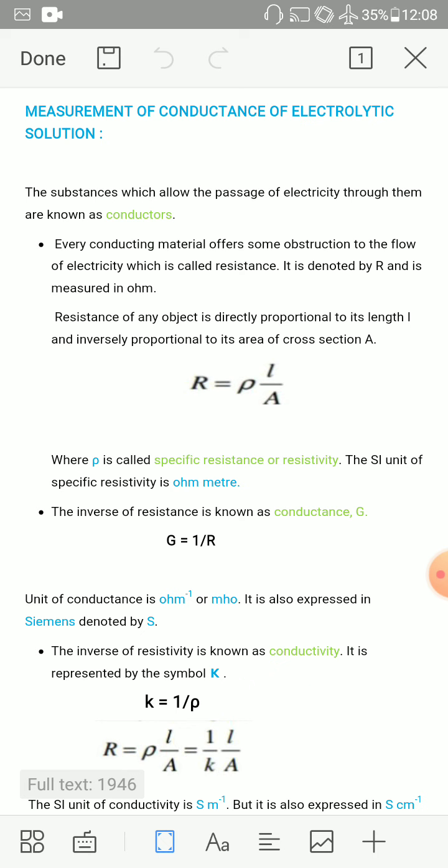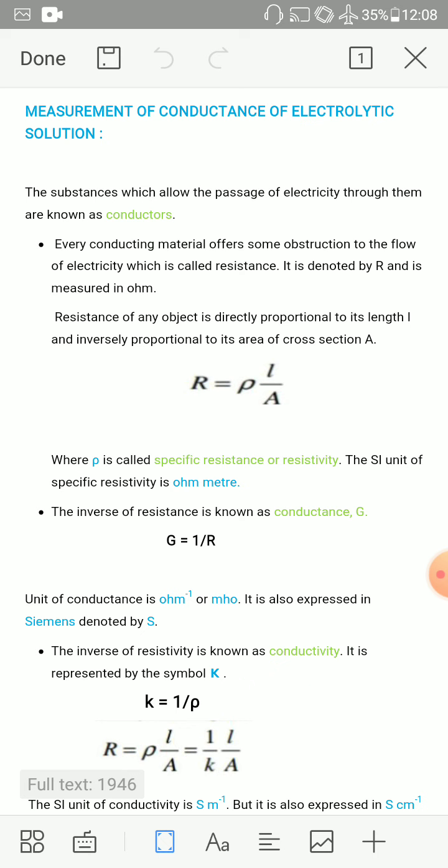You have studied in class 10 physics that this is denoted by capital R, and the unit of resistance is ohm. Remember that resistance.